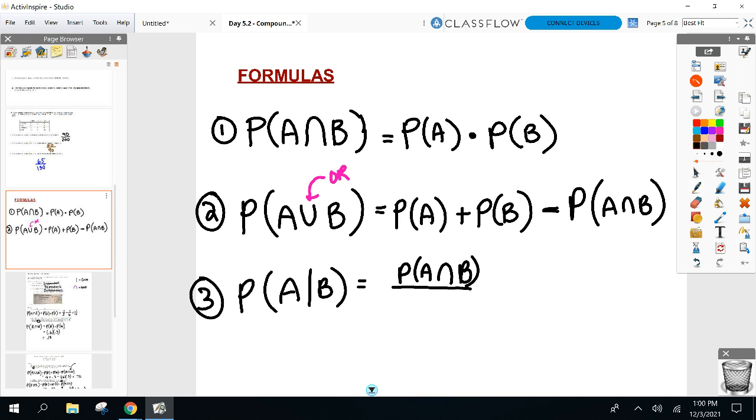A times B. And on the bottom, you're always going to put the probability of whatever's been given. In this formula I'm going to put a B, but every problem's not B. Just realize in the denominator, you've got to put the probability of whatever's been given. Okay?